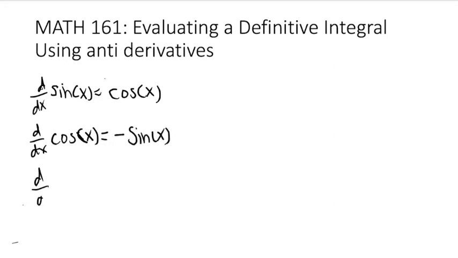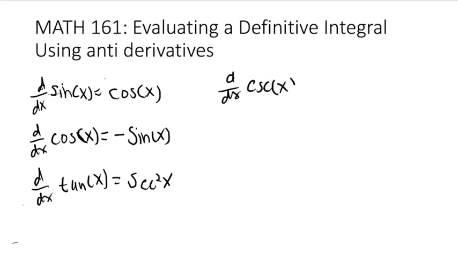The derivative of tangent x is secant squared x. The derivative of cosecant x, which is just 1 over sine x, is negative cosecant x times cotangent x.